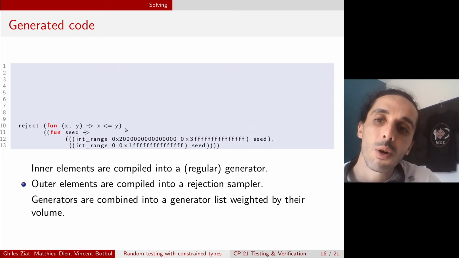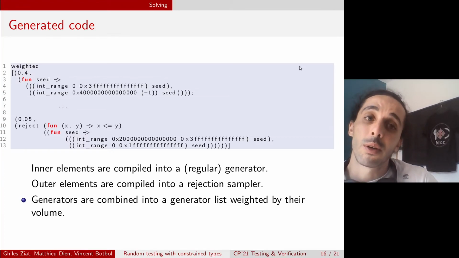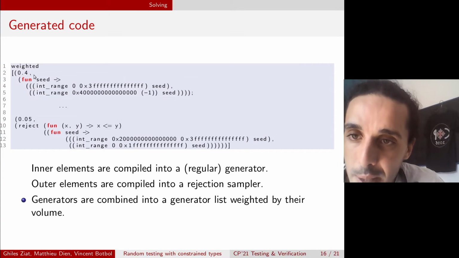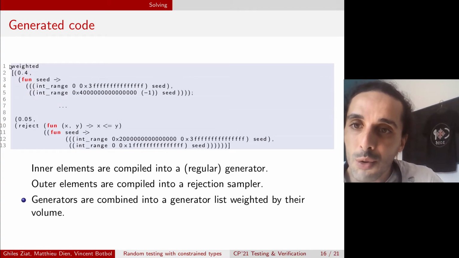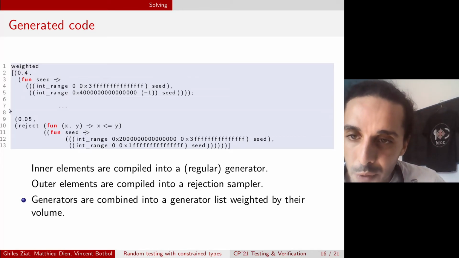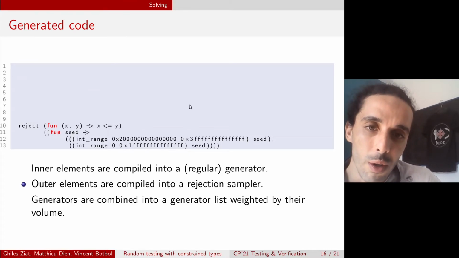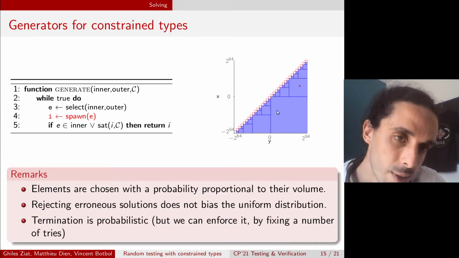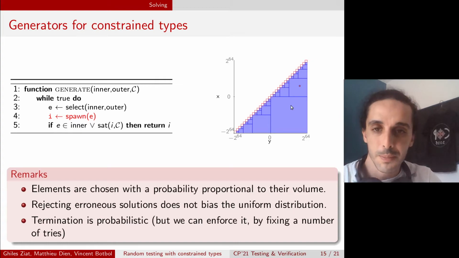And then we combine all of the generators for all the abstract elements in the cover of the solution space into a list of generators, and we use the weighted procedure here that says choose one of the following generators according to the weight associated to each of them. So if we go back to here, this element, which is bigger than the other, will have the bigger weight and will be more likely to be chosen.